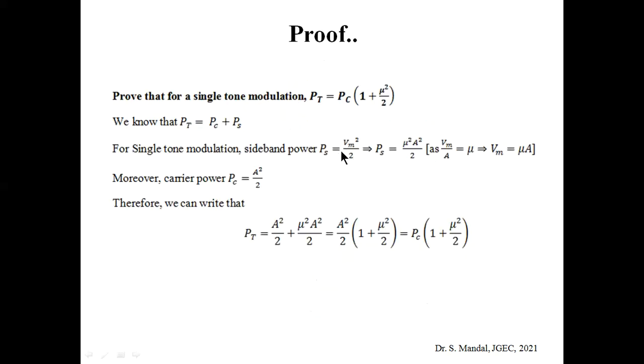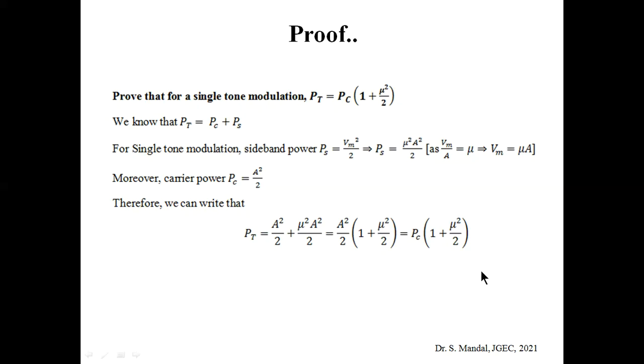So if we substitute Vm by mu into A, Ps becomes mu square A square by 2. Moreover, the carrier power is A square by 2. So we get Pt equal to A square by 2 plus mu square A square by 2. Taking A square by 2 common from both terms, we get A square by 2 into 1 plus mu square by 2, and it becomes Pc into 1 plus mu square by 2. So hence proved.